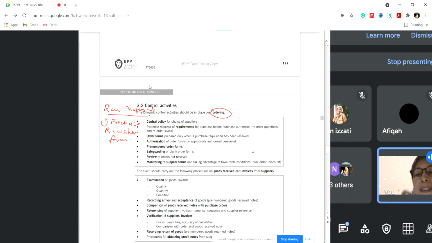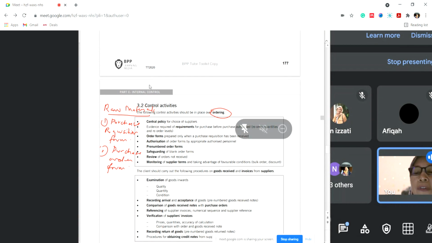When the purchase requisition form is approved, then the company fills up the purchase order form. The purchase order must be properly authorized. So both must be properly authorized.